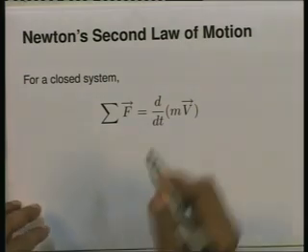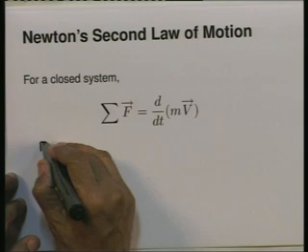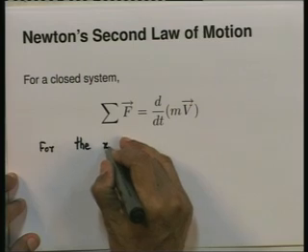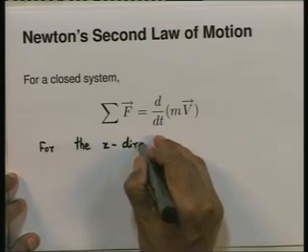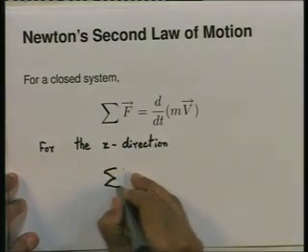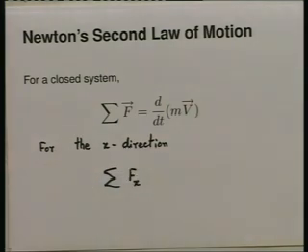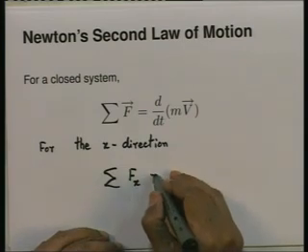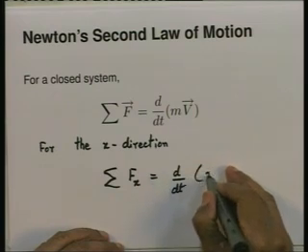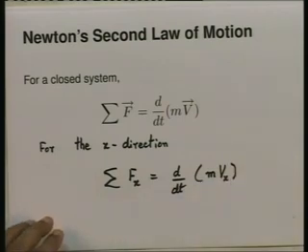Typically, suppose I want to put down the statement for one direction, say the x direction. The statement would be: summation of all the forces acting on the closed system in the x direction equals the rate of change of the x direction momentum of the closed system, of the matter inside the closed system.